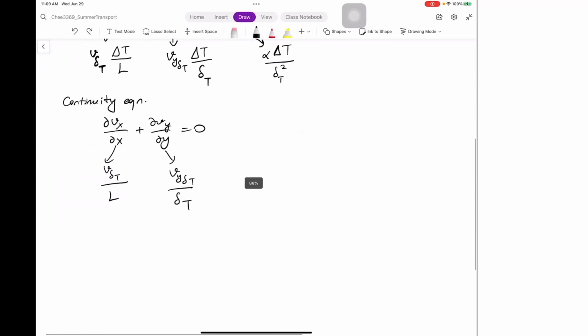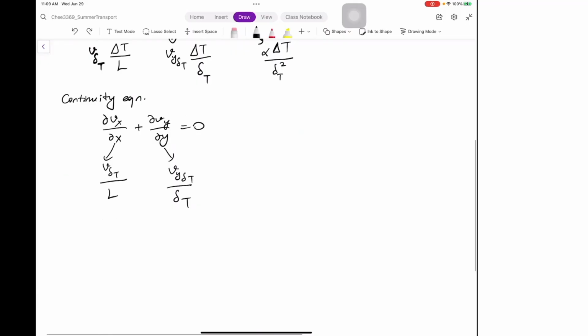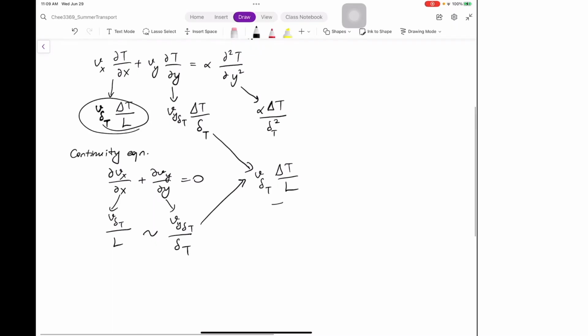So what we can do is basically this one combined with this fact is V delta T over L. Basically, this and this are in the same order of magnitude, so it looks okay, right?